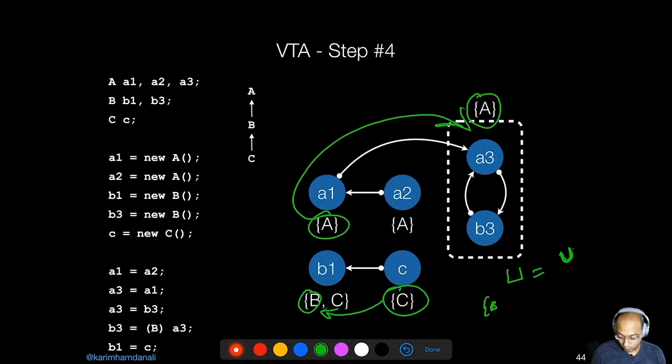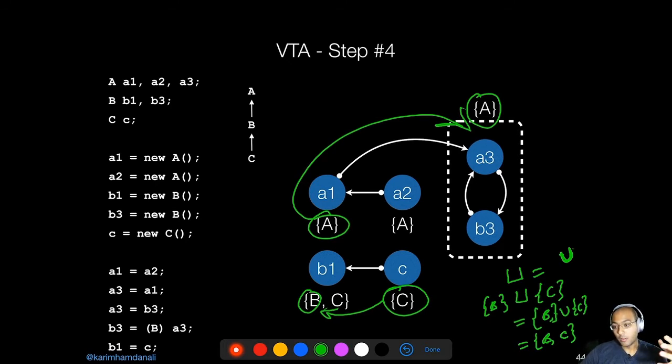That's why B join C is going to be the set B union the set C, which is the set of B and C. Everything is related back to that lattice theory that we have been discussing in the last couple of weeks. Everything is determined based on your merge, your join operator, what your lattice is, and what the elements of the lattice are. So that's why here B1 is going to have B and C.